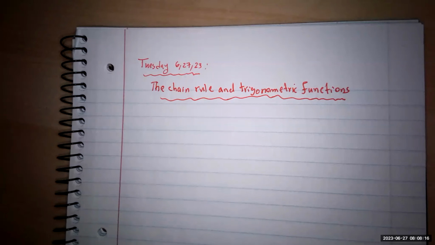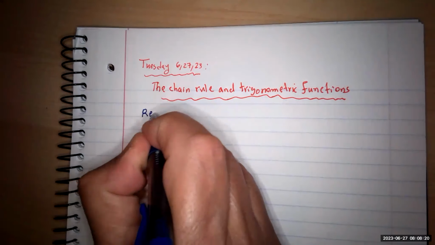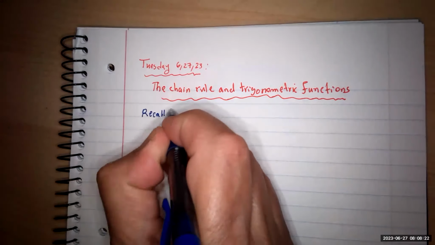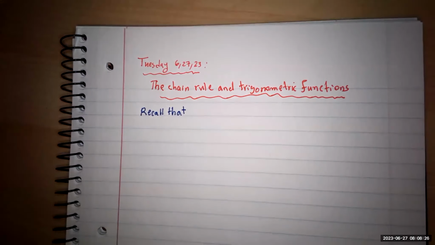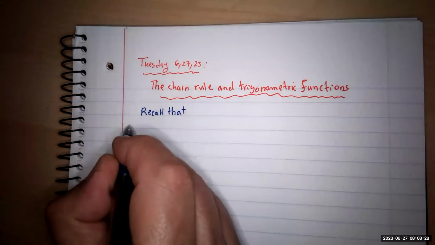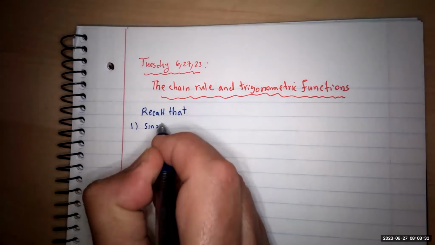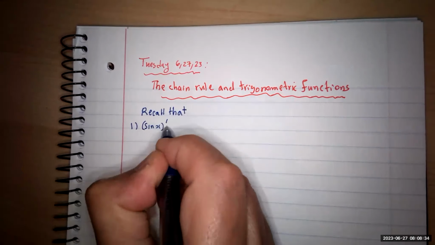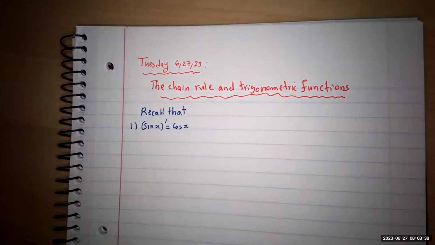Recall what you know. We know the following. The first part is the derivative of the sine function: the derivative of sine of x is cosine of x. That's the first thing that we know, and we have used it so far.